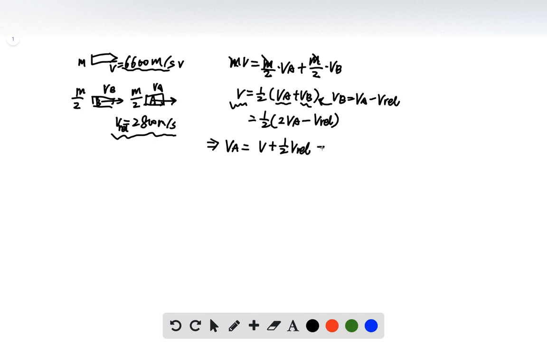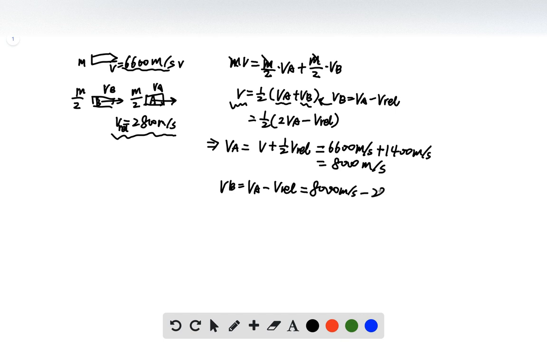So that is 6,600 meters per second plus 1/2 of 2,800, that is 1,400 meters per second. And that is 8,000 meters per second. And what about vb? vb equals va minus v relative, which equals 8,000 meters per second minus 2,800 meters per second, which is equal to 5,200 meters per second.